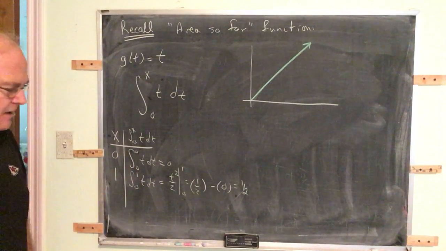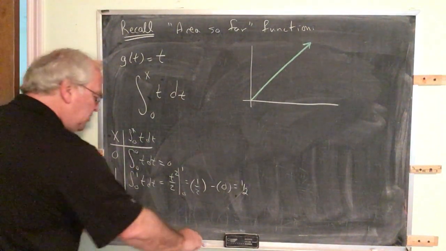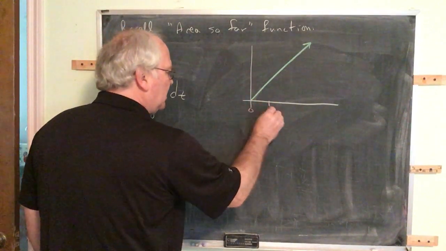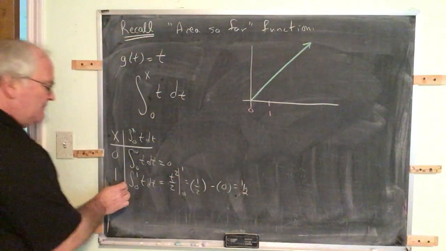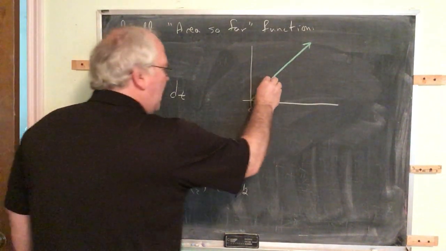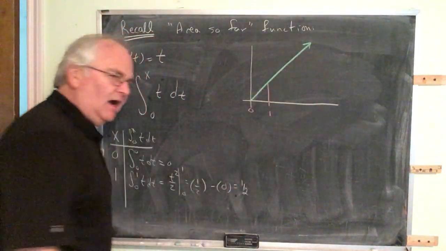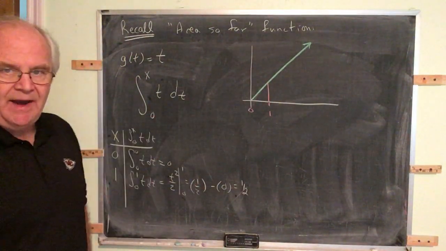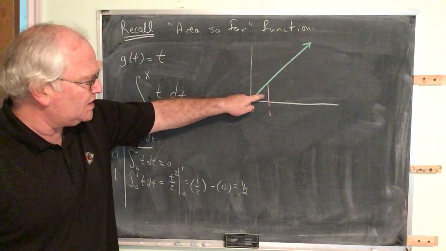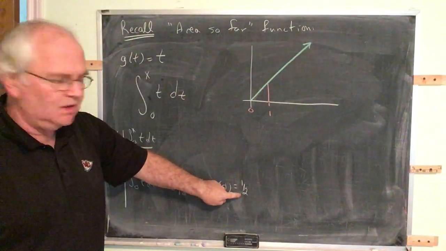What does that mean? It means if I choose x to be 1, that corresponds to this is 0, this is 1, and I'm finding the area from 0 to 1 underneath this green curve. I'm finding the area of that triangle. And we can demonstrate that this triangle matches this value.